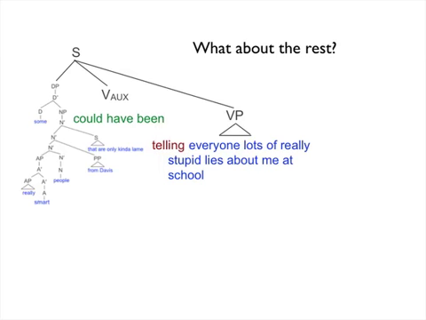You can also have more than one auxiliary, so we're going to have to find a way to get these all in here, right? You can have could have been telling, and the form that you have to have there, telling, is a function of the last auxiliary in the string. Could requires that the verb form after it be in the bare or infinitive form.